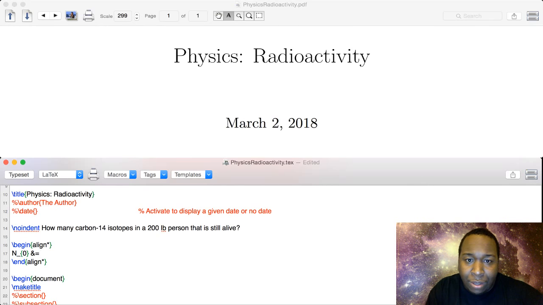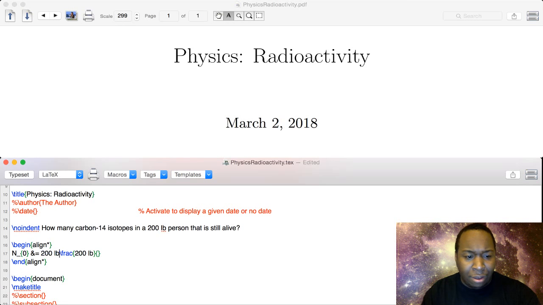To get this quantity, we need to take into consideration that we have a 200-pound person, right? But the pound is a unit of force. It's not a unit of mass. And we need a unit of mass, actually. We can't start off with force. So we're going to actually have to convert 200 pounds to units of mass.